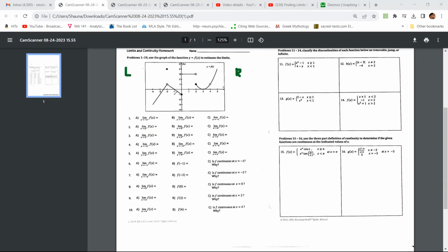I'm going to mark below it though, so we don't get confused with the graph itself, because this has a lot of little dots and holes and stuff on it. So I'm going to mark it there. -1. Now, what I want to do is approach -1 from the left. So what this means is here is the left, and I'm approaching this -1 from the left.